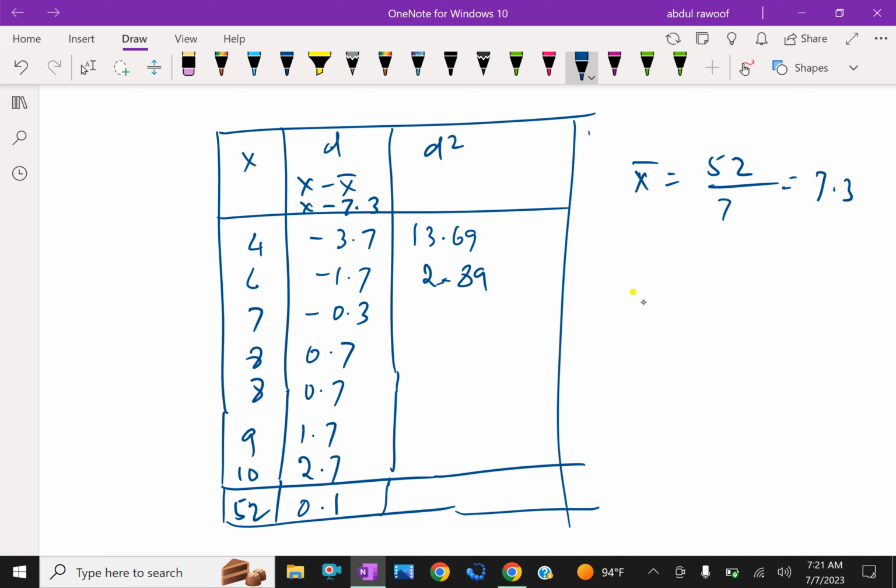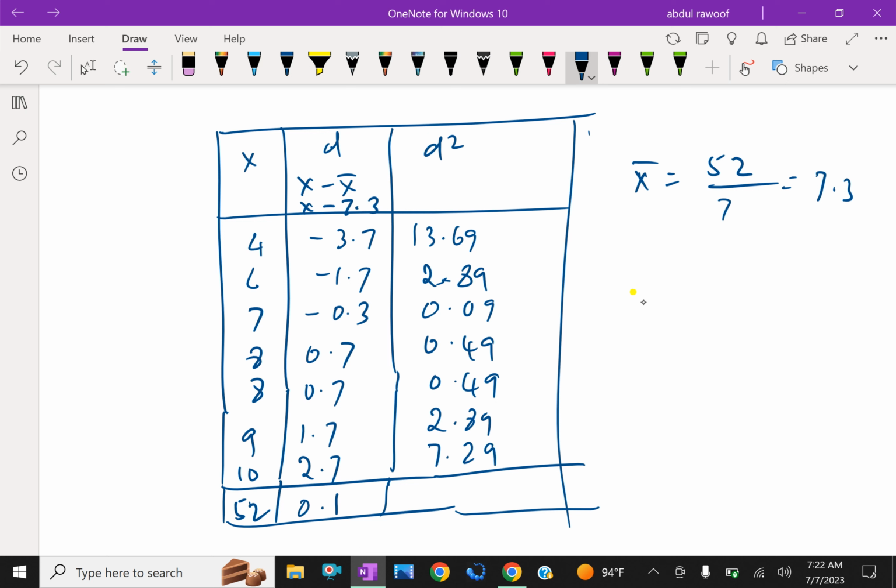Then 0.09, 0.49, 0.49, 1.7 into 1.7 is 2.89, and 2.7 into 2.7 is 7.29.